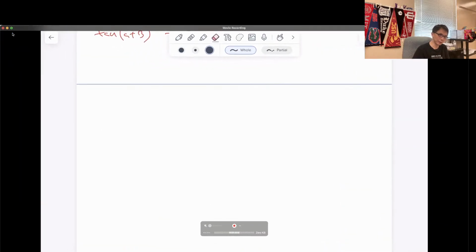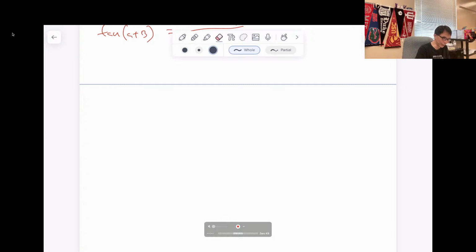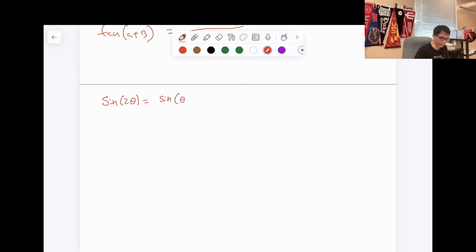So, double angle formula. We have already talked about sum and difference. Imagine I have the sine of two theta, which equals sine of theta plus theta. Use the sum formula, and that gives you sine cosine plus cosine sine, with theta and theta.